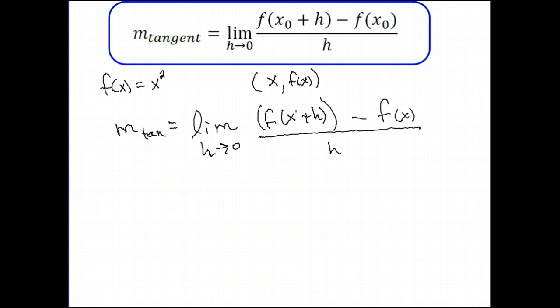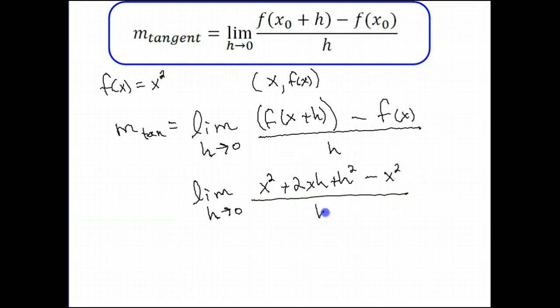Okay, so we plug x plus h into our function f of x equals x squared. So the same thing, we're going to have to expand that binomial. And so we still get the limit as h approaches 0 of x squared plus 2xh plus h squared minus x squared. Now why is it just minus x squared? Because f of x is equal to x squared. And that's all over h.